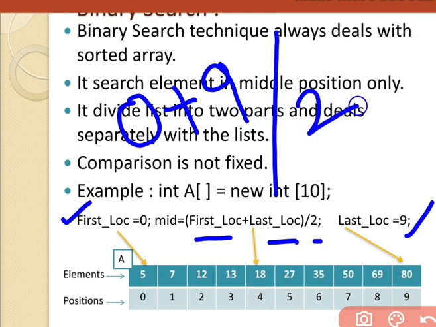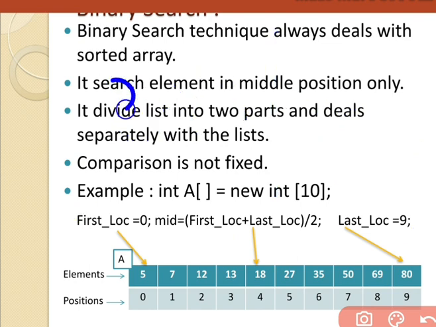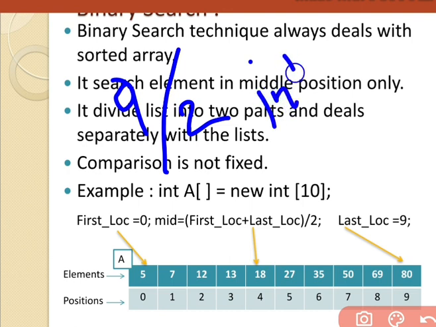What are we getting? 9 divided by 2 means 4 point something. But 4 point something is not the answer, because 9 divided by 2 means integer divided by integer, means it is a pure expression.